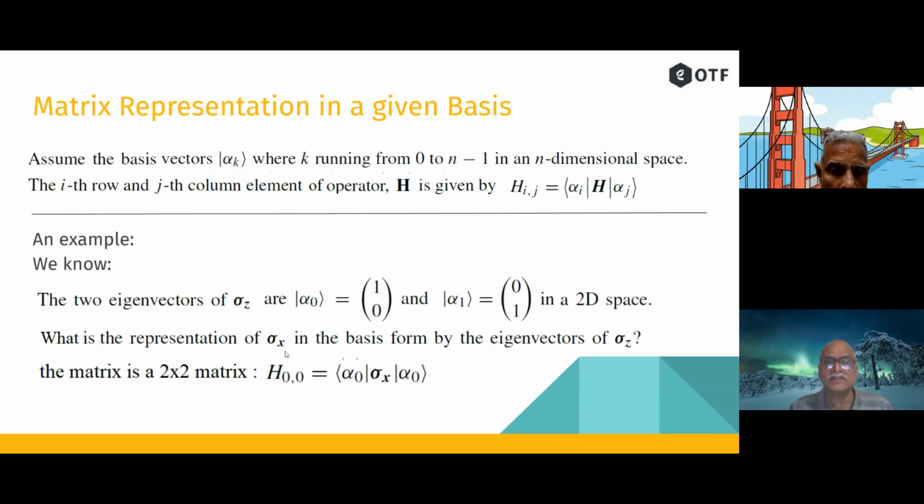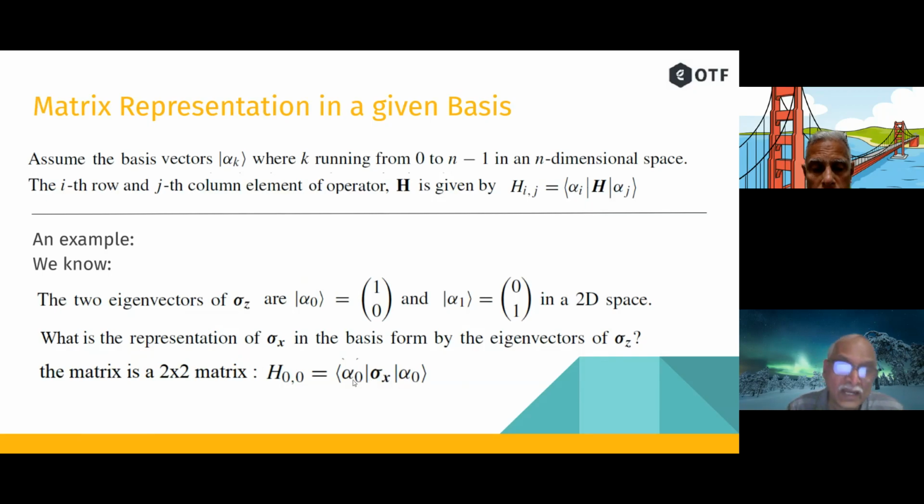So what we typically tend to do is define this matrix where the elements will be H00, H01, H10, H11, because now it will be a 2 by 2 matrix. For example, this H00 value would be alpha 0 sigma x. Sigma x is the original matrix representation of the operator, multiplied by once again alpha 0, which is my ket.